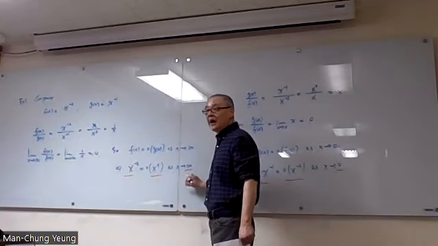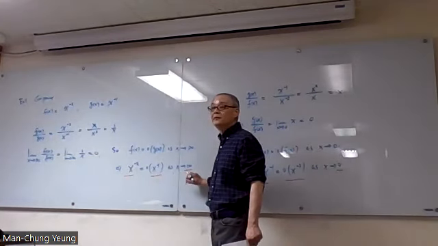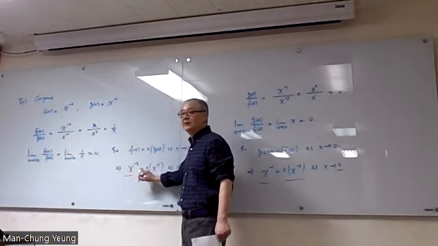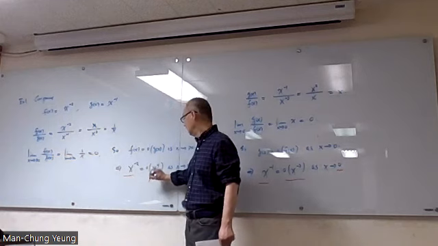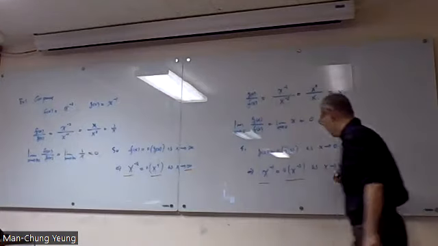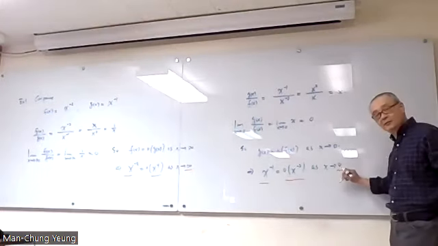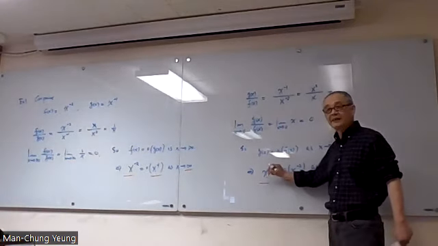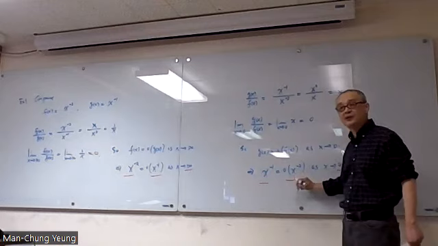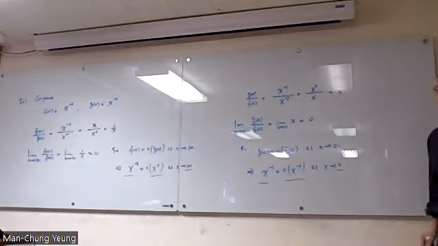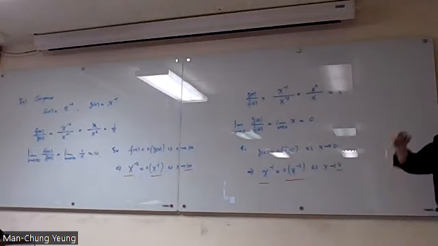When x is very large, in the neighborhood of infinity, x to the -2 is much less than x to the -1 in absolute value. Say that again: in a very small neighborhood of 0, x to the -1 is much less than x to the -2 in absolute value. Little o, much less. Big O, bounded by.